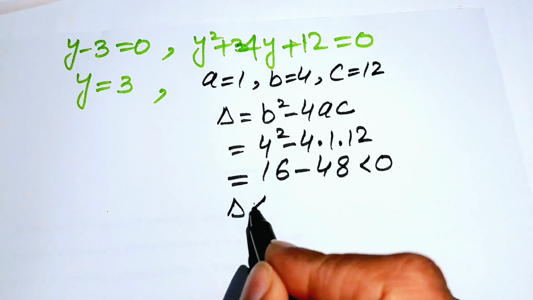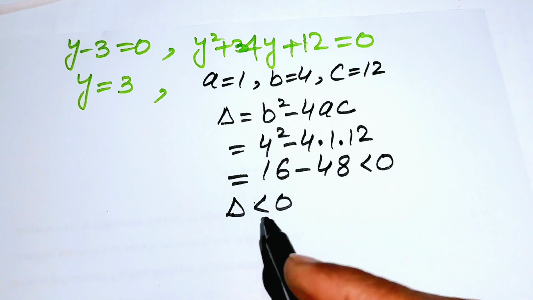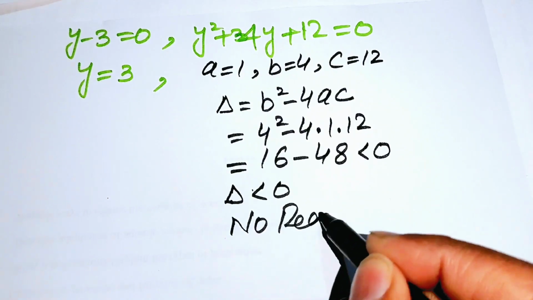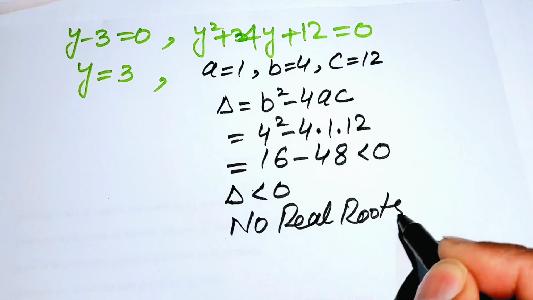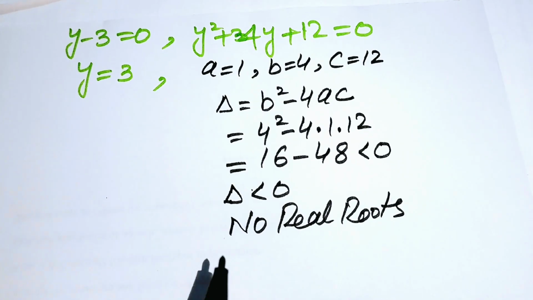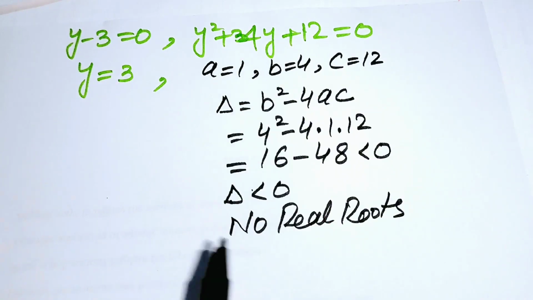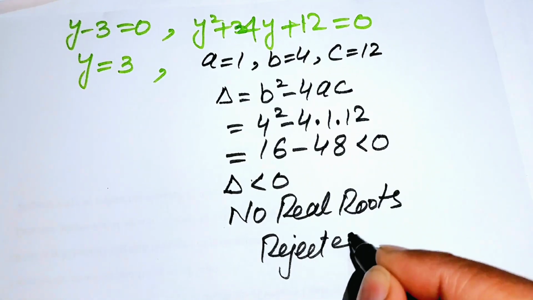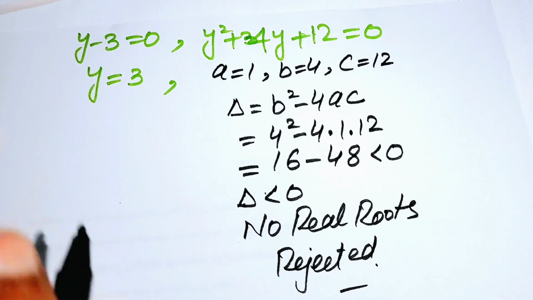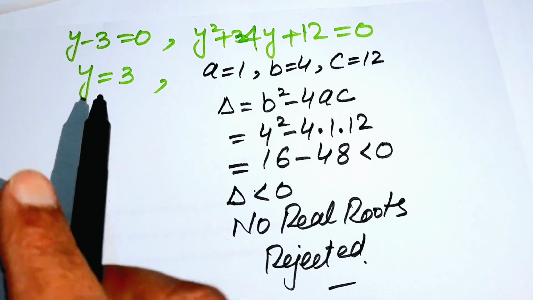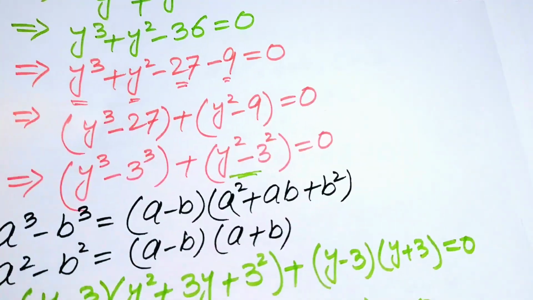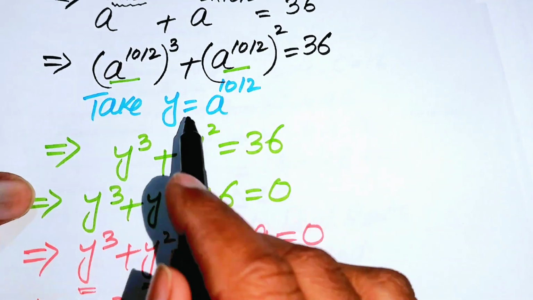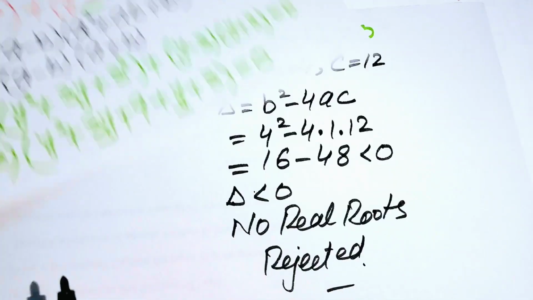We know that if delta is less than 0, it gives no real roots. So here we have no real root, but in this question we need to find the real roots. This case cannot give us the real root, so we reject this case and proceed with the first case only. And in this case we have the value of y equals 3, but we see here the value of y is a to the power of 1012. So we back substitute the value of y.